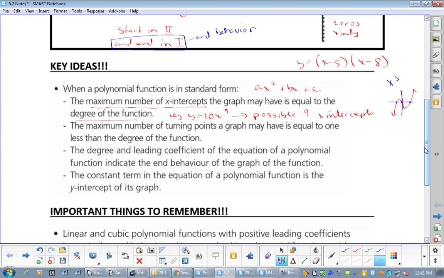with an x cubed, because where do x cubes always start? They'll always start in 3 and end in 1, so won't they have to go through the x-axis at least once to get there? So an x cubed could also do this.